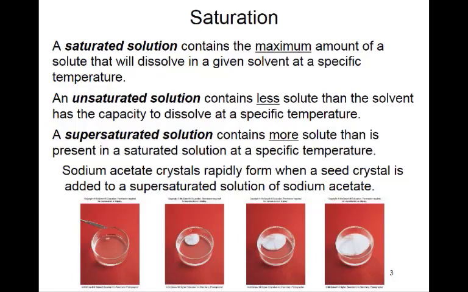Now the quantity of solute gives us terms called saturated, unsaturated and supersaturated. We'll understand one by one. Suppose again you take a glass of water, put 1 spoon of sugar and shake the water, so this sugar will dissolve.